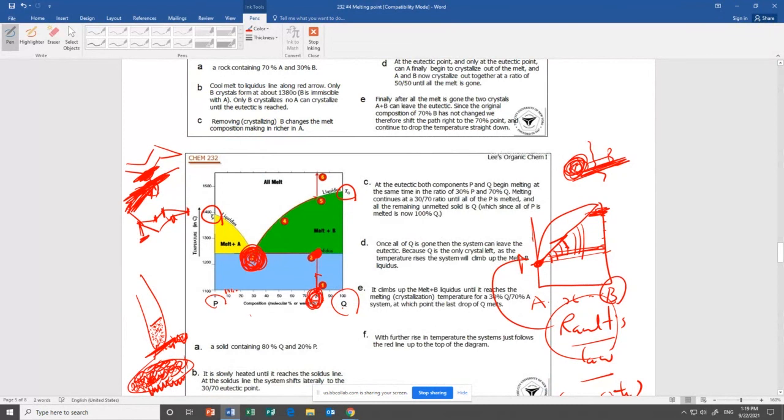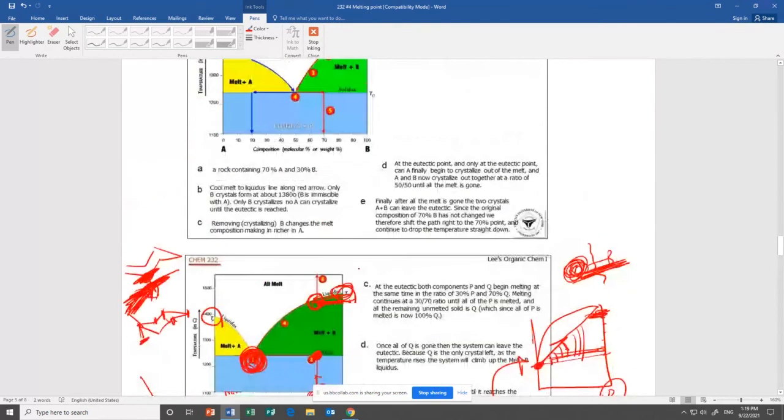So after melting them away, the melting point will jump up here because now you have only pure stuff left. Then the rest of them melts right there at this temperature, which is slightly lower than the pure Q, because it's not the same anymore.